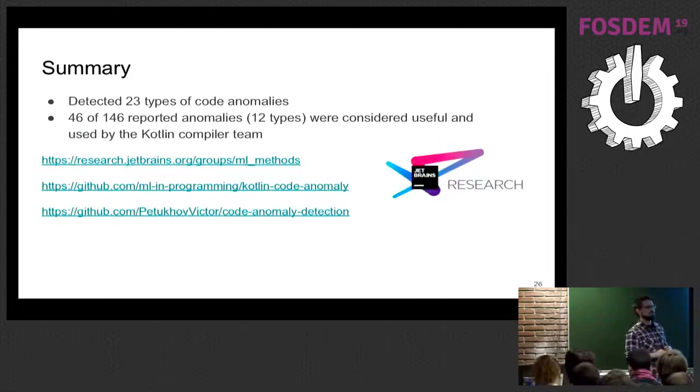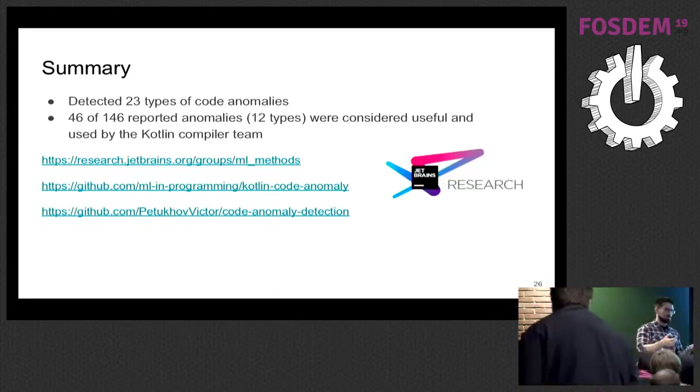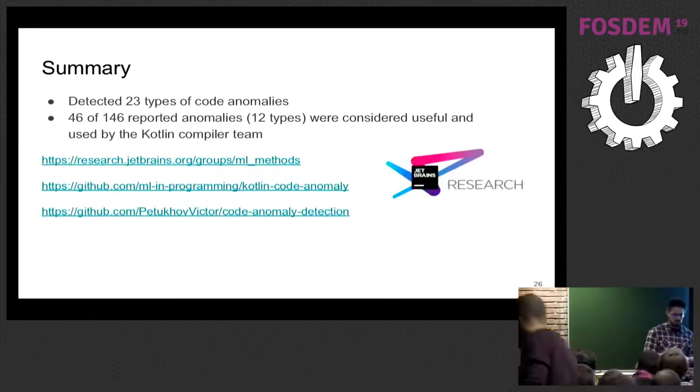Other questions? I'm curious, are there already some cases where found anomalies have influenced language design, besides bug fixes in parsing? Yeah, the question is whether anything that we found so far influenced the language design decisions.